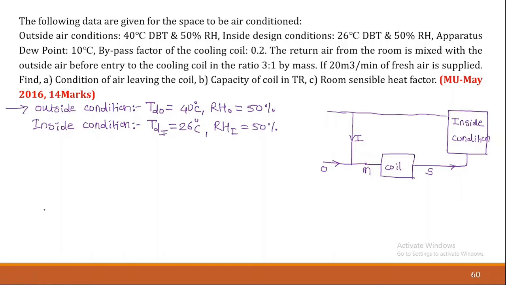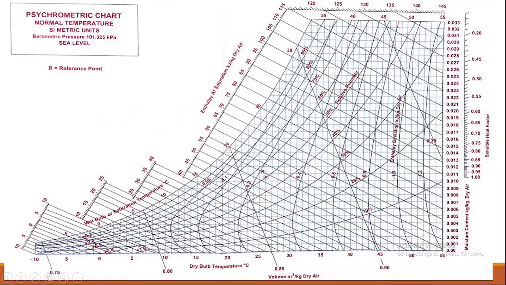Okay, so first of all, what we do, we plot these 2 points on the psychrometric chart, specifying outside condition and inside condition. So this is our psychrometric chart. So our outside condition is 40 degrees Celsius and 50% RH. So if I follow this line of 40 degrees Celsius upward, right, and we have 50% RH, so this point, that outside condition point, would be over here.